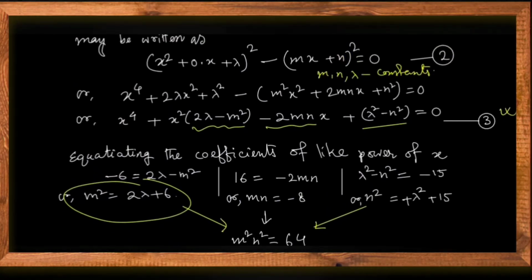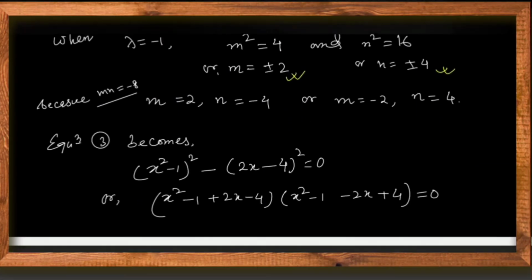Now equation 2 becomes (x square minus 1) whole square minus (mx plus n) whole square, since lambda is negative 1.